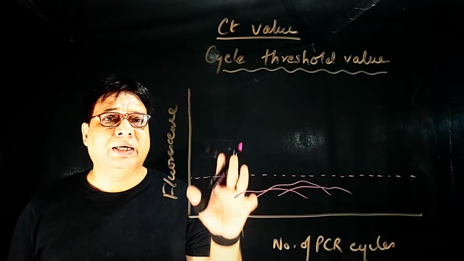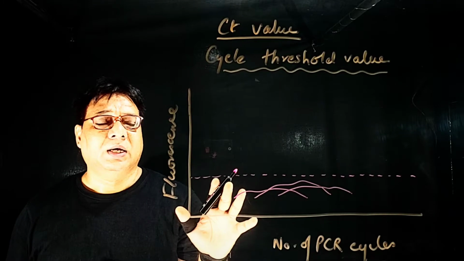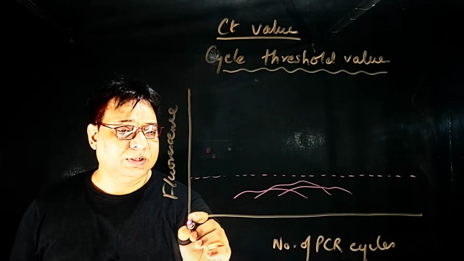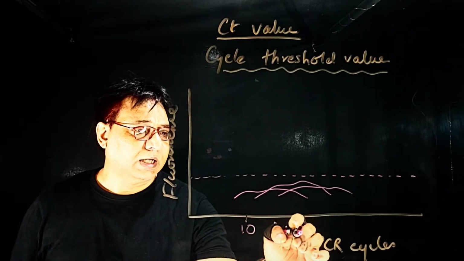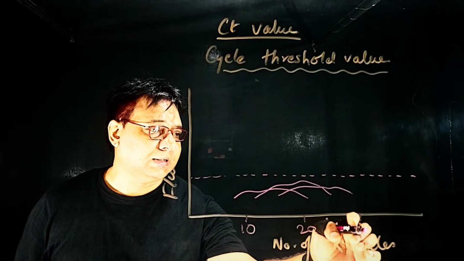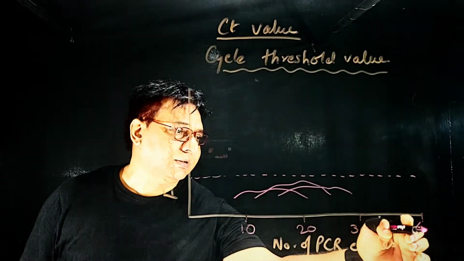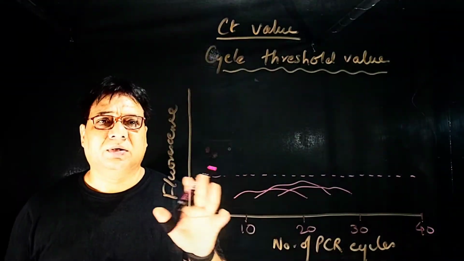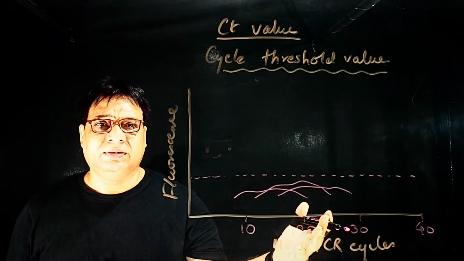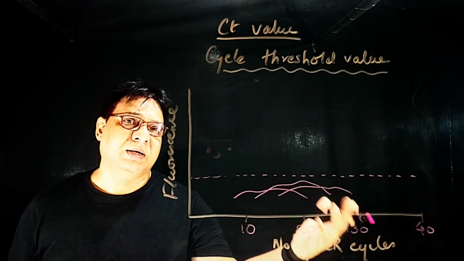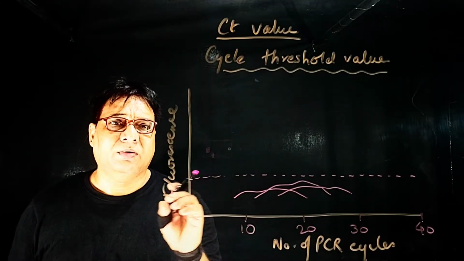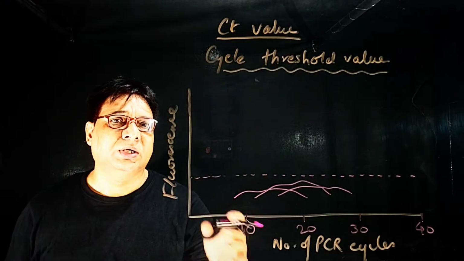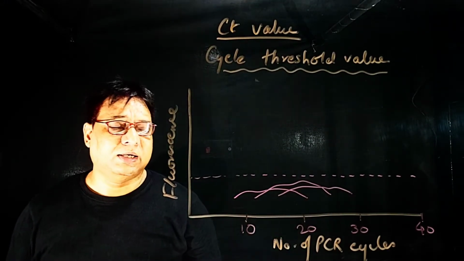Up to this you are getting a background fluorescence. Suppose this is 10 cycles, this is 20 cycles, this is 30 cycles, and this is 40 cycles or so. PCR is not run beyond 40 cycles because it means that the sample does not contain enough RNA or DNA, so it is useless to run beyond 40 cycles.